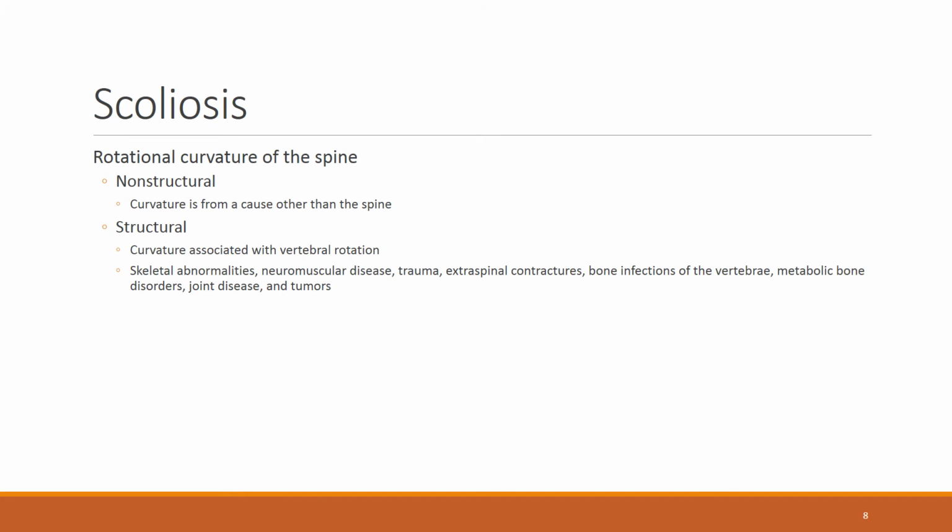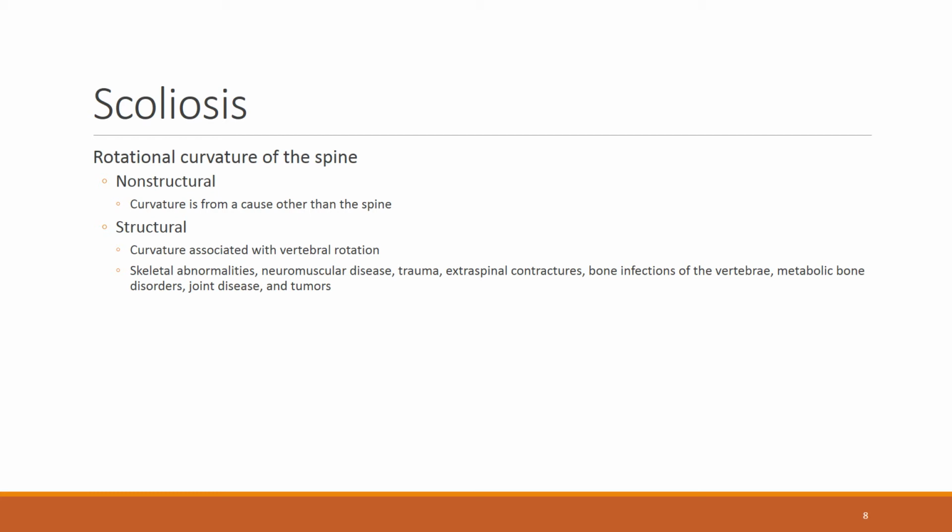Scoliosis is another disorder that is quite common, and it's a rotational curvature of the spine. It can be non-structural or structural, and it can be a consequence of different skeletal abnormalities, neuromuscular disease, trauma, metabolic bone disorders, joint disease, and tumors.